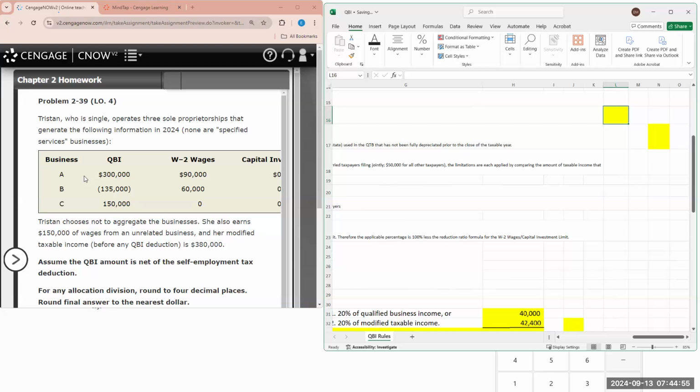And let's start off with an individual. So for business A, we have 50% of the W-2 wages. The W-2 wages are 90,000. We multiply it by 50%, which would give us 45,000.